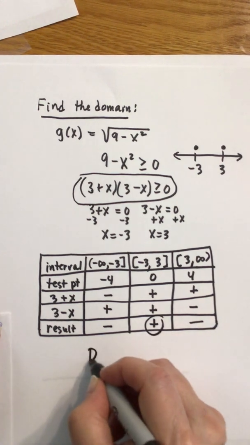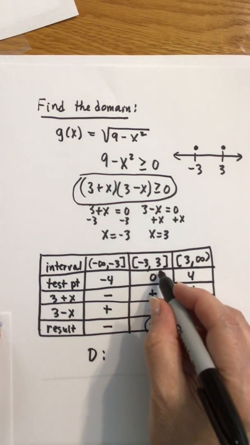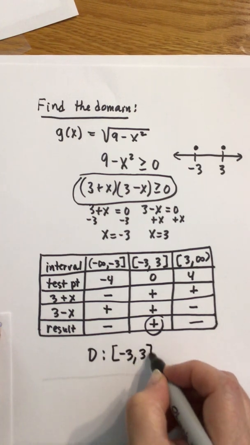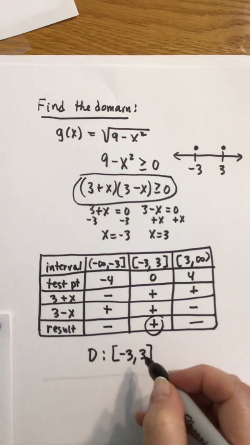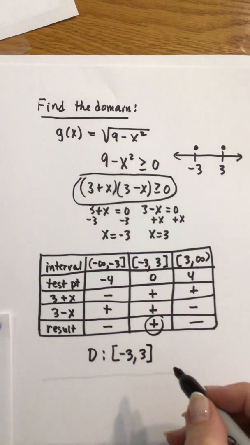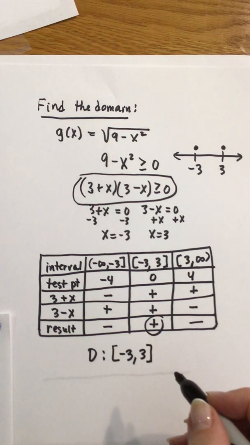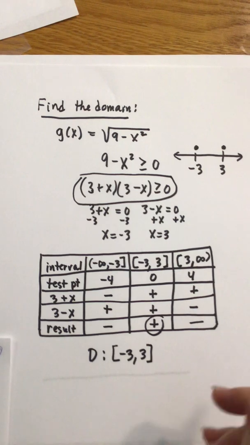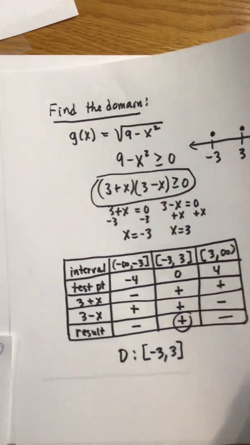So my domain is going to be this interval up here, -3 to 3. Is everybody okay with that point?